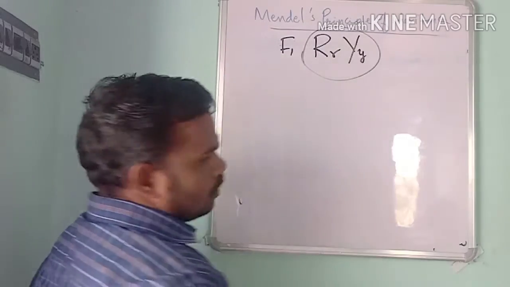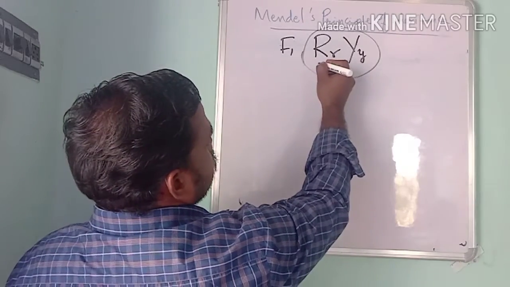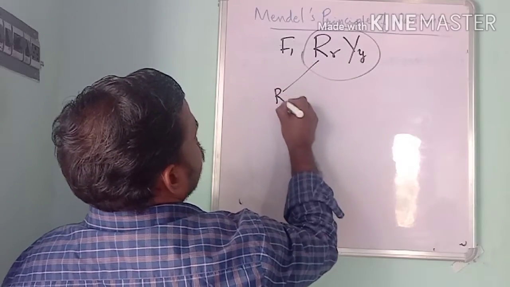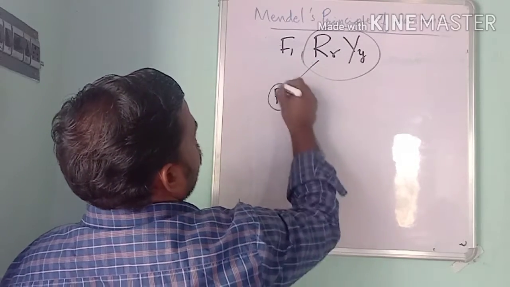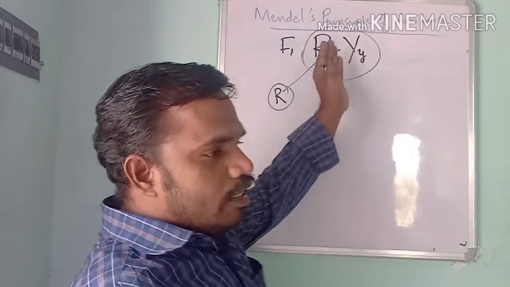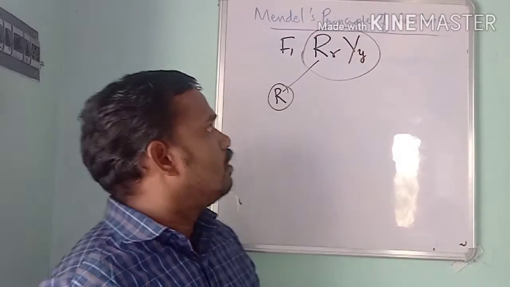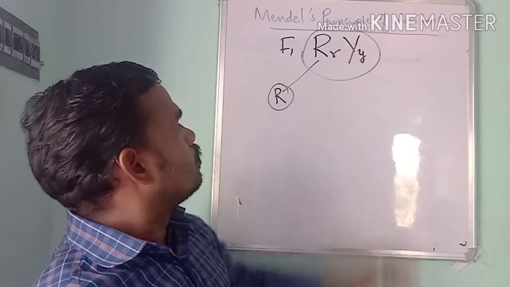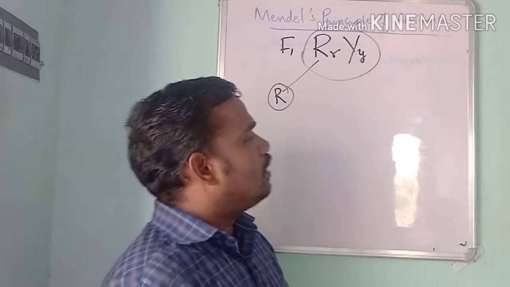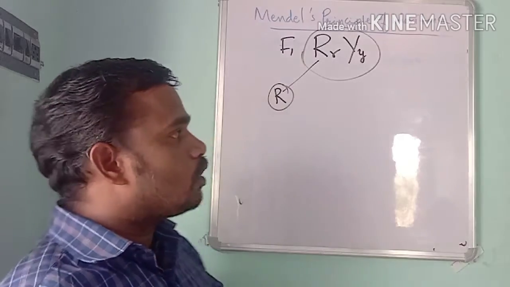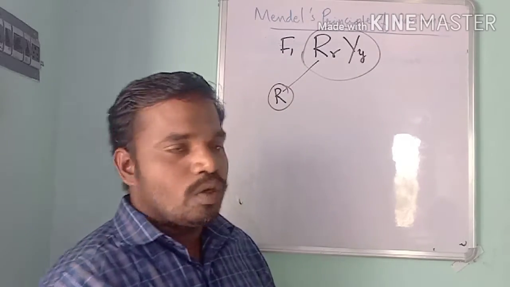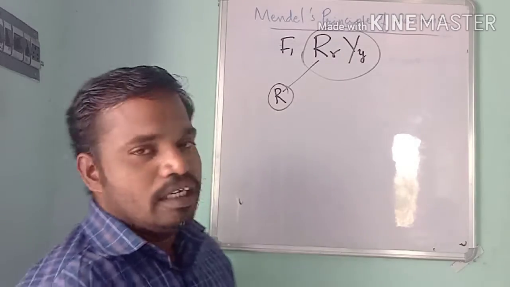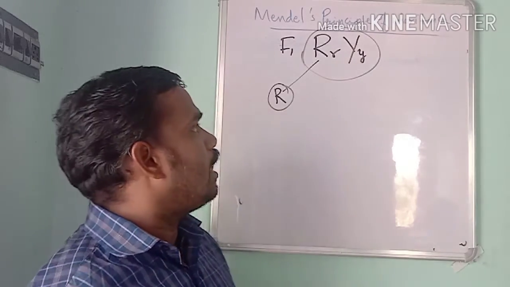The factors of the traits separate out. As I already explained in the law of segregation, the factors of contrasting traits remain together, associated together, but they do not blend. At the time of gamete formation, they separate out and they randomly reunite.